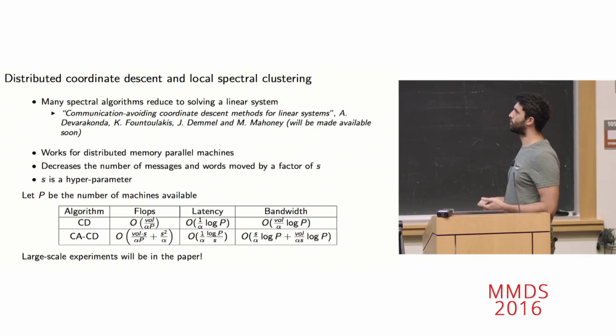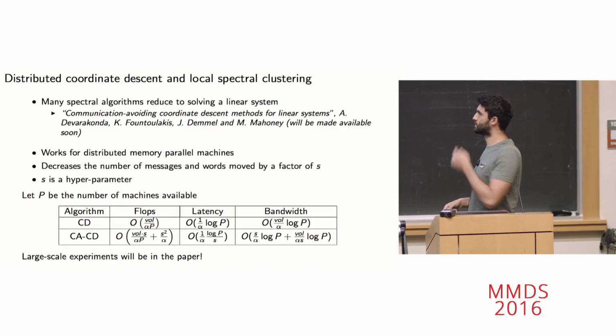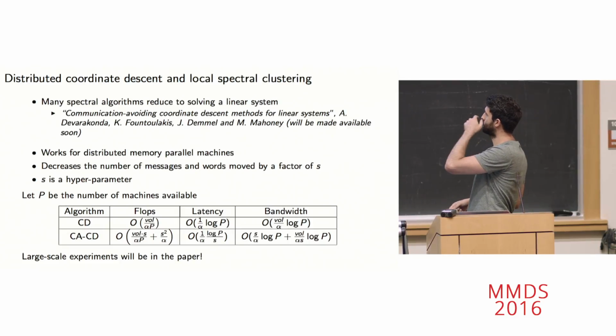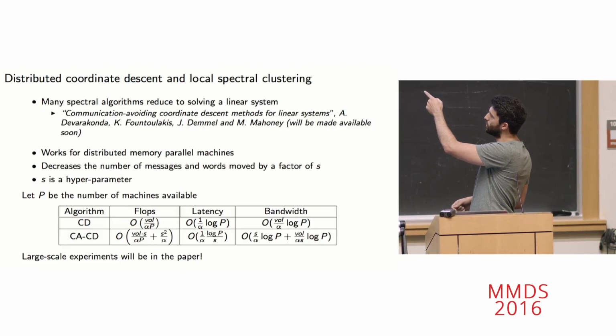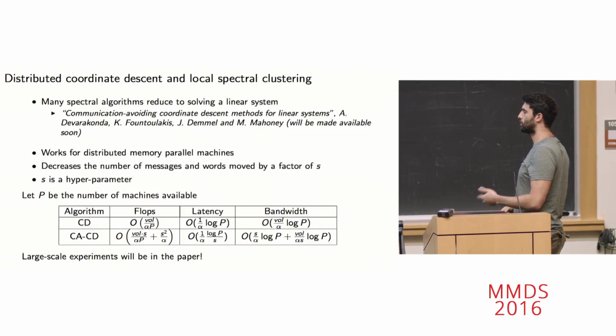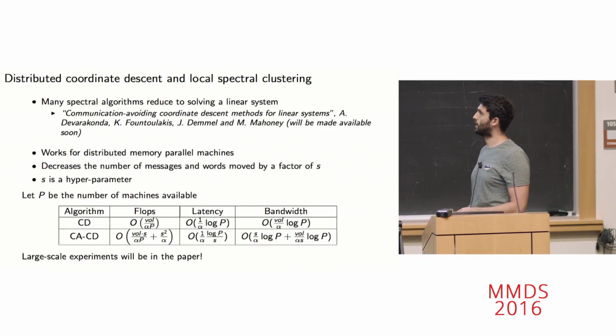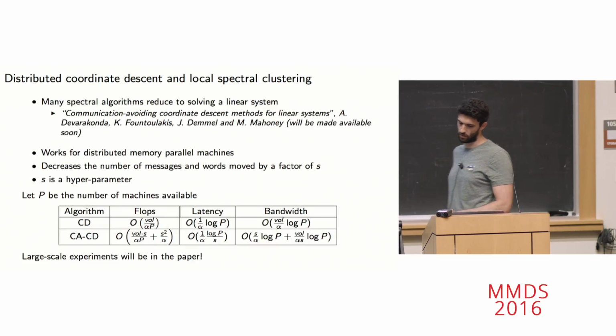We increase the number of flops compared to coordinate descent versus communication-avoiding coordinate descent, which is shown in the second column of this table. But on the other hand, we decrease by a factor of S the latency, which is the dominant term in the running time of the algorithm. And we can also find a better trade-off for the bandwidth, the amount of data that is moved. Large-scale experiments for this are coming soon.